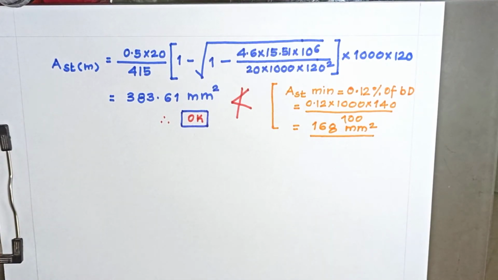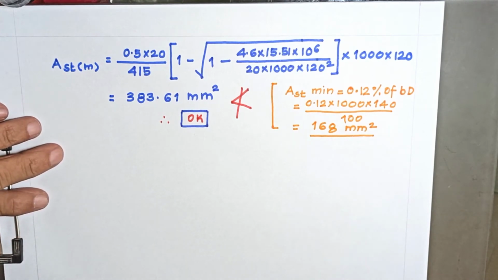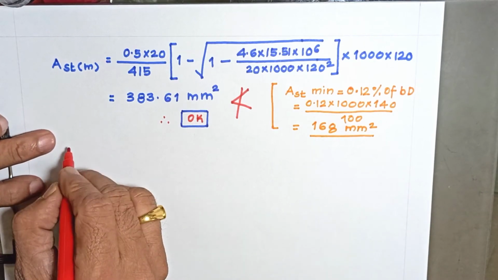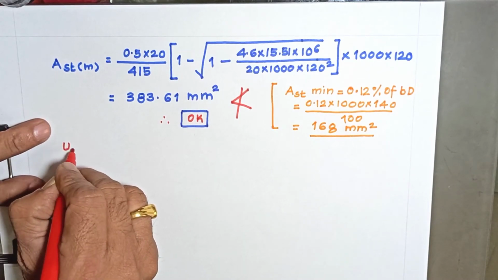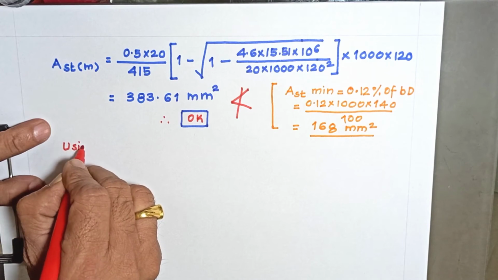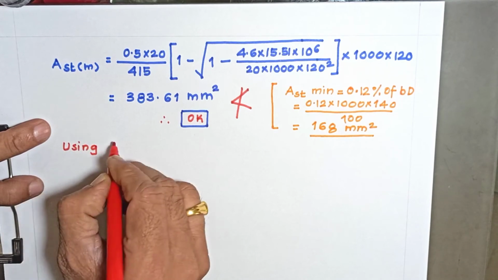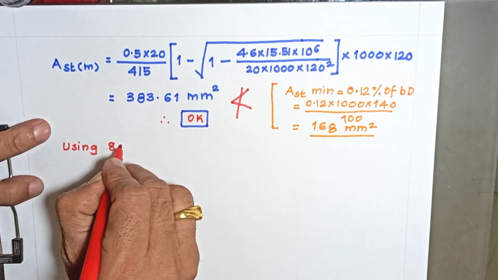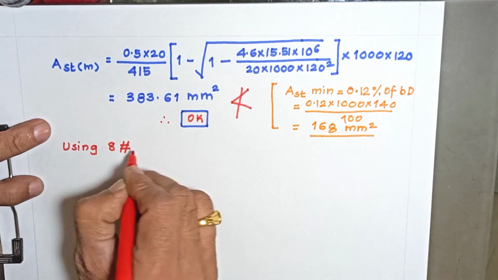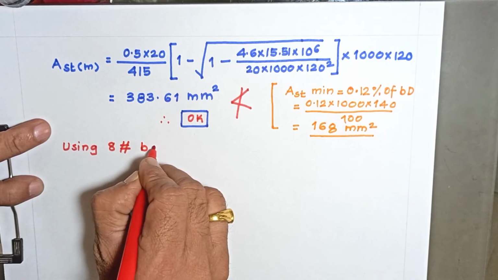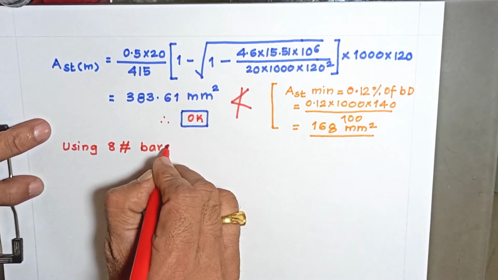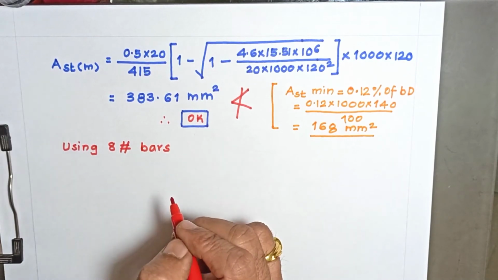Now we have to find out what will be its spacing, and for that purpose, let us say that we are using 8 tor bars. What do you mean by 8 tor bars? HYSD bars of diameter 8 mm.